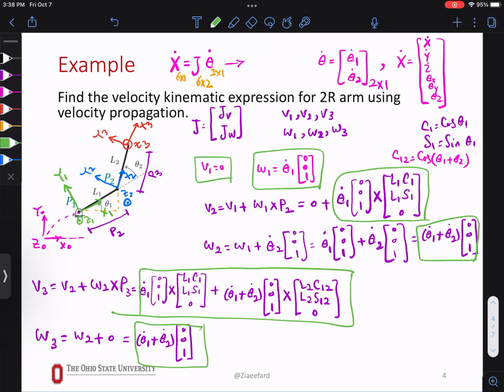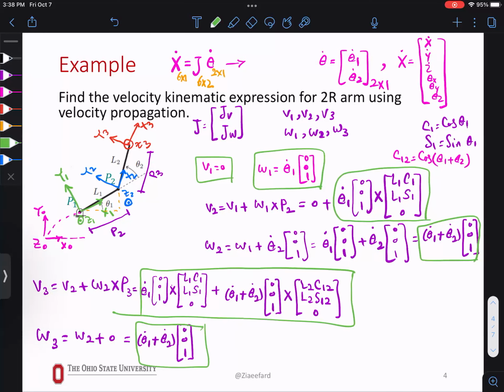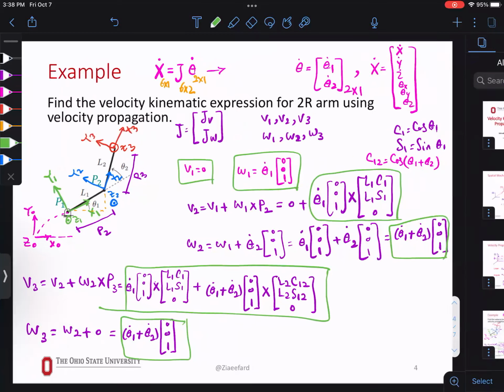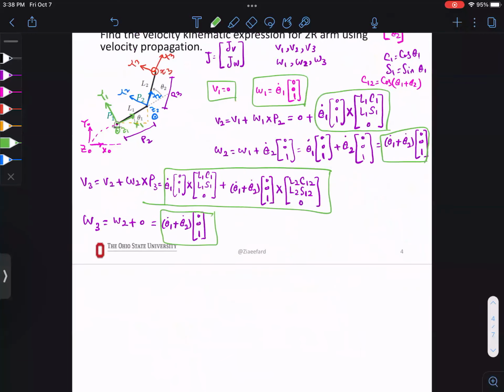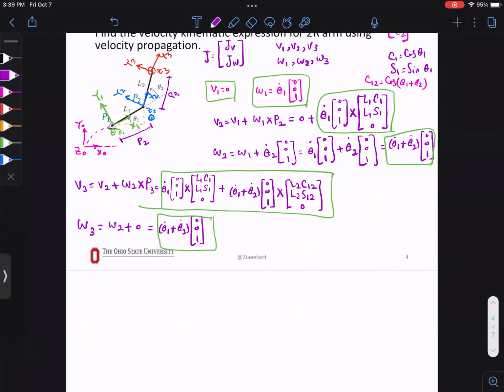Now, J is JV over J omega. All the linear velocities and then all the angular velocities. Let me do this seamlessly so we can still see what happened up there. So J is JV and J omega.